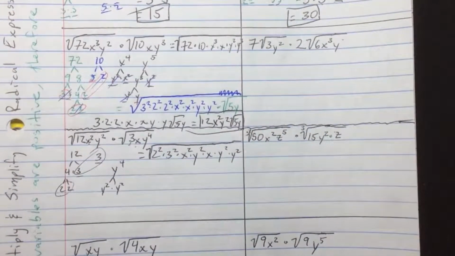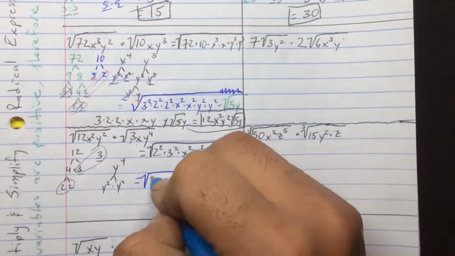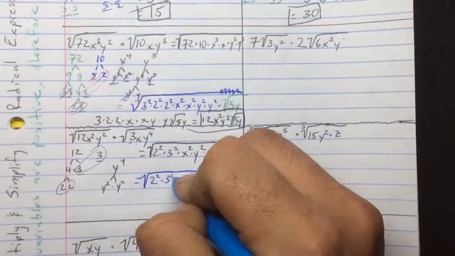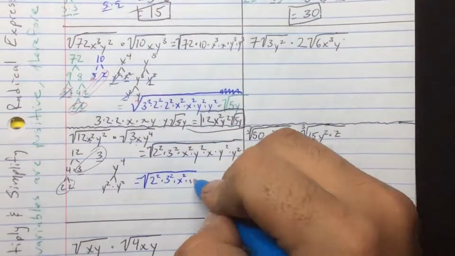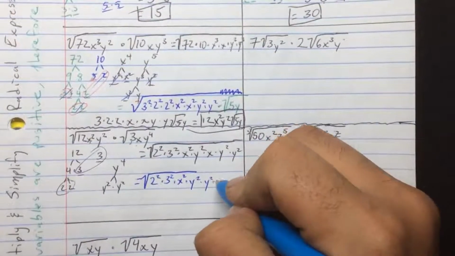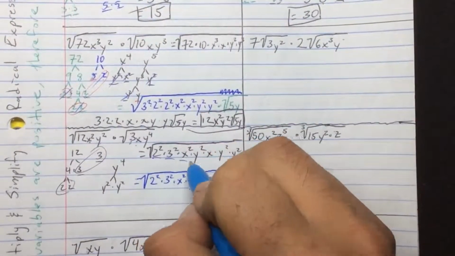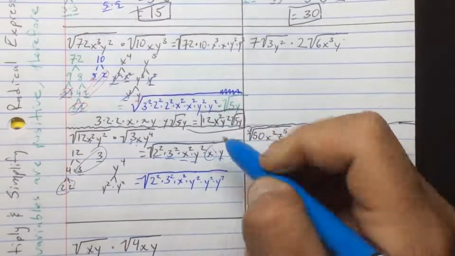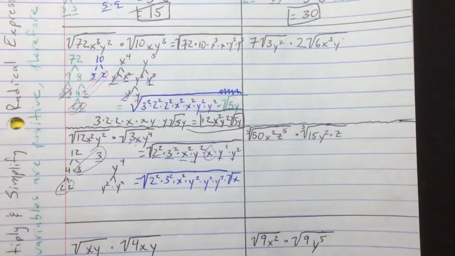I'll do it in blue again. We have equals the square root of 2 squared times 3 squared times x squared, and then times y squared times y squared times y squared. And that's all that came out. Then this last one is going to be times the square root of x, because that's the only thing that doesn't come out.